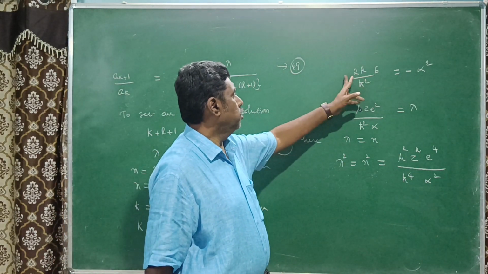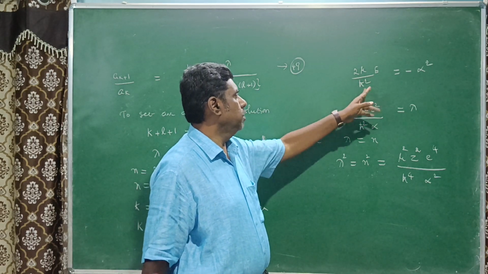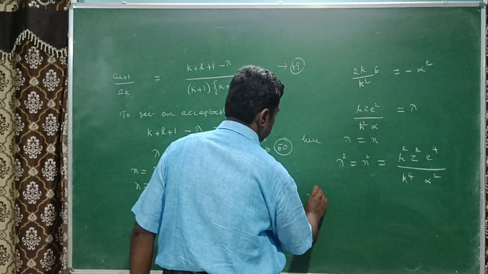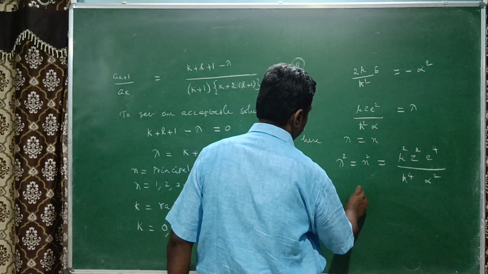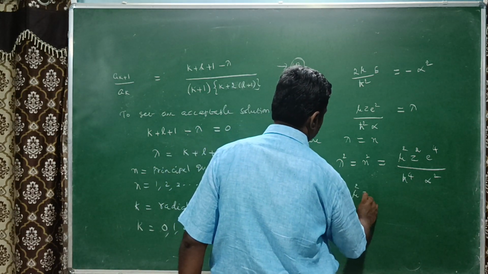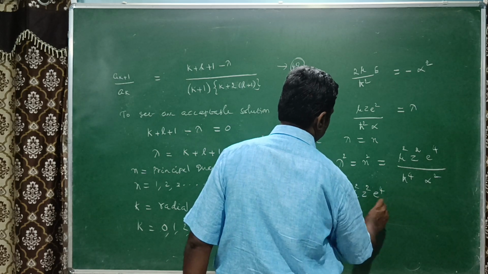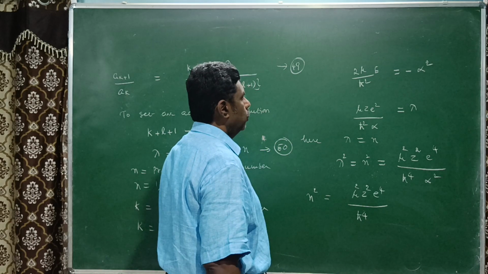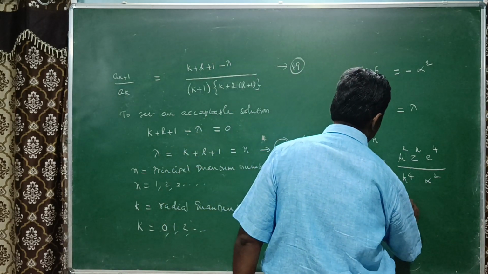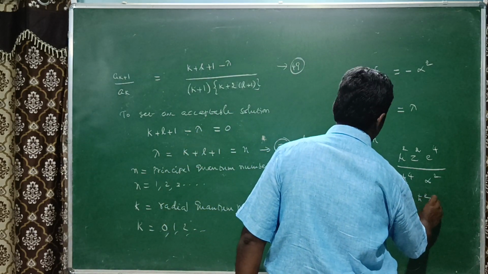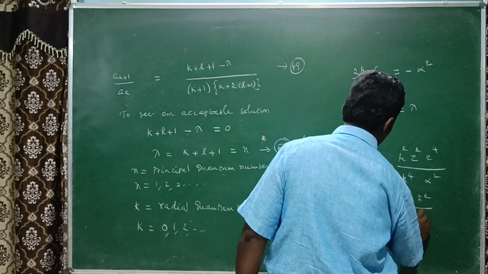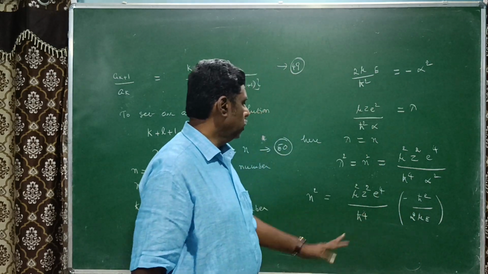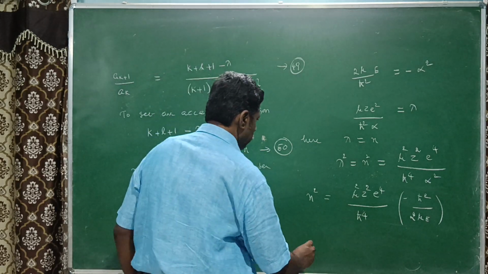Then alpha square is minus 2 mu E by h cross square. Substitute the value of alpha square here. n square is equal to mu square z square e power 4 divided by h cross power 4 into minus h cross square divided by 2 mu into E. Just we have substituted the value of alpha square.